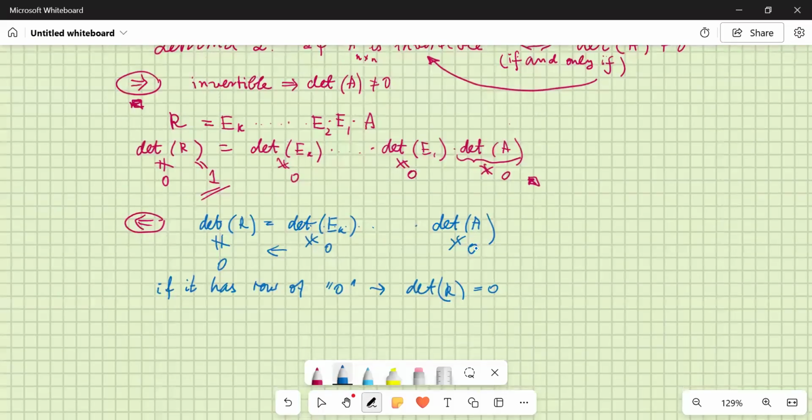Since it's not equal to 0, it does not have a row of zeros, which means that it's identity. Well, which means that you can bring matrix A by elementary row operations to identity, which means that it has inverse. A going to I means has inverse.